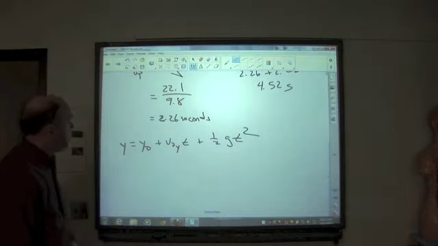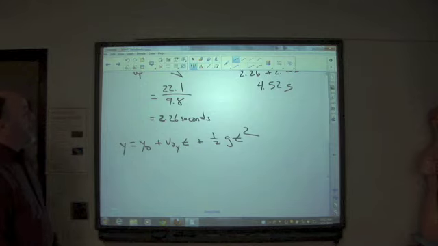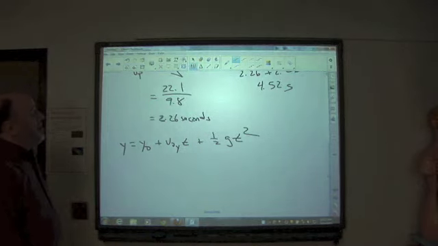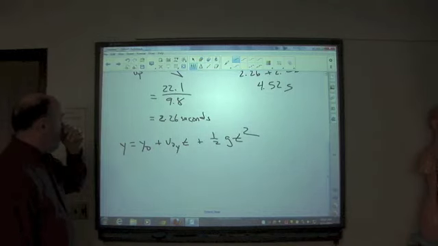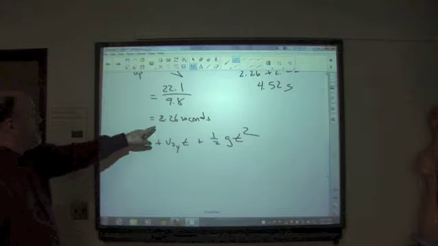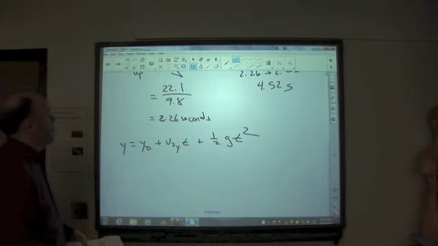Okay. Y naught is 0. V naught y we got was 22.1. Now the t we're going to use is the time frame for when it hits max height. So I want to know how high up does it go, and so that occurs at 2.26 seconds.